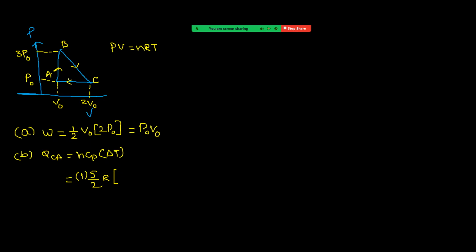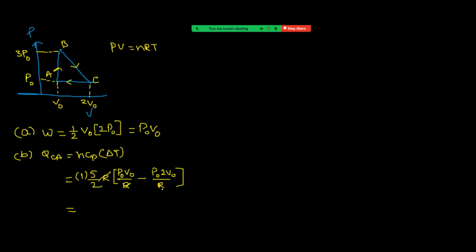Delta T, it is for C to A. Delta T means we can take temperature equal to PV by nR. So it is the final value P naught V naught by nR, n is 1, by R, minus the initial value 3 P naught V naught by R. Then see what we get.